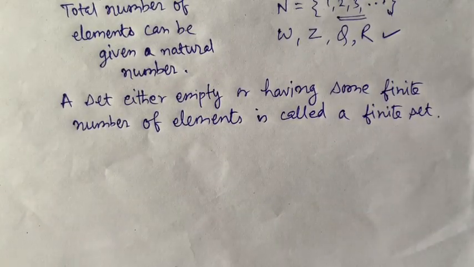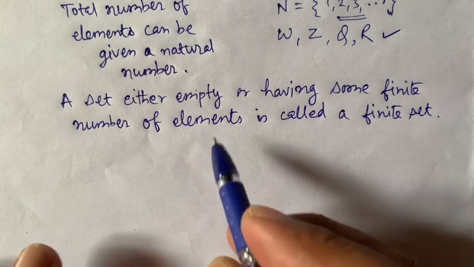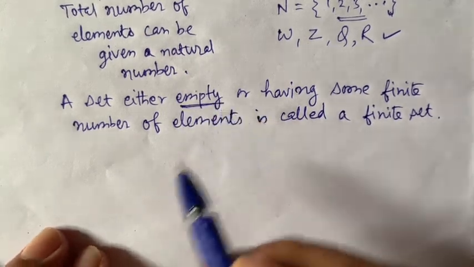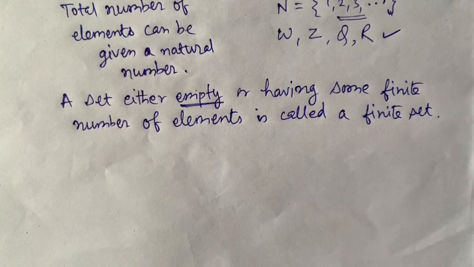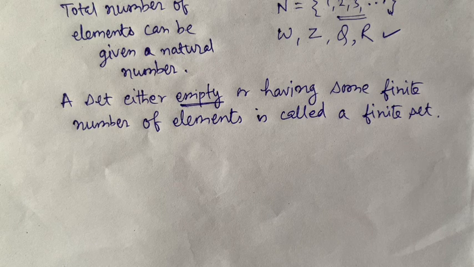Now empty sets are also considered as finite sets. Never get confused by that, because we can assign a whole number, since 0 is not a natural number, but we can assign a whole number here and it will be considered as finite.